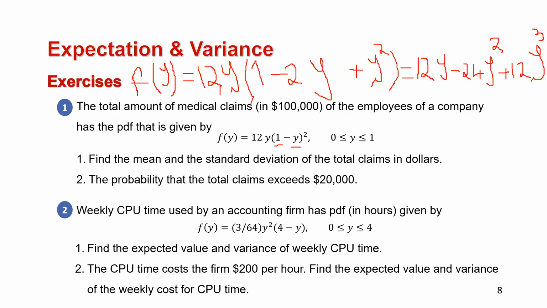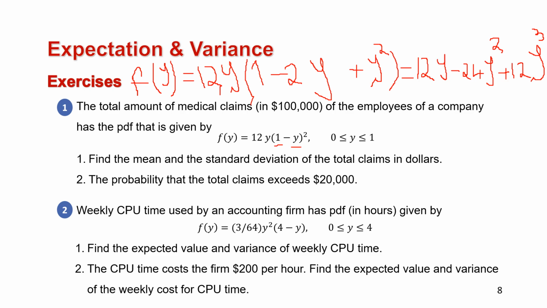So to find the probability that the random variable will exceed $20,000, let's divide $20,000 over $100,000, because the maximum value is $100,000. $20,000 represents 0.2 of this one. $100,000 represents 1, so 20,000 represents 0.2.